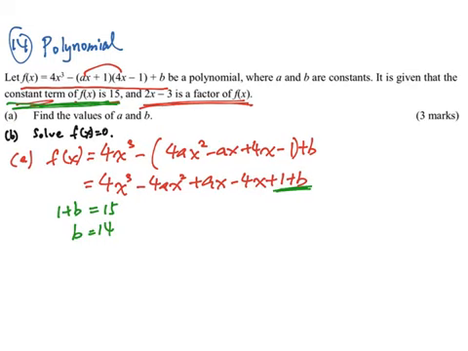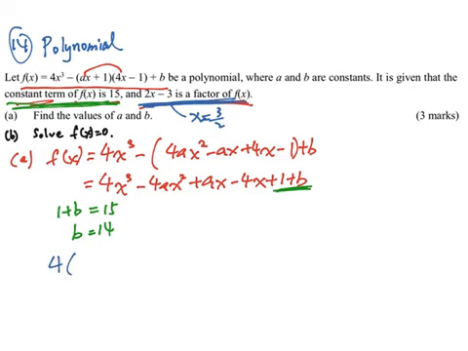Next, we'll find a by using 2x minus 3 is a factor. That means when we substitute x equal to 3 over 2, then there's no remainder. So we substitute.